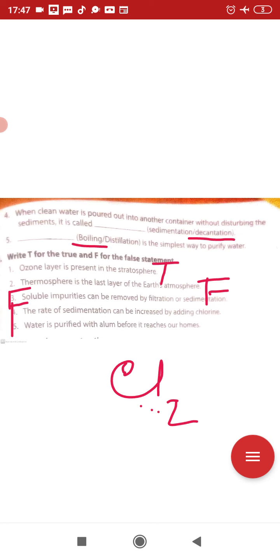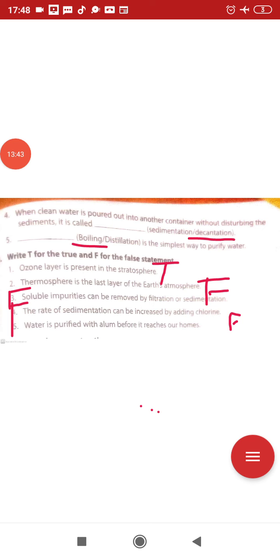If we add a small amount of alum to muddy water, then the finer muddy particles can be settled down faster, and this process is called loading. It is a kind of sedimentation. Sedimentation is done by using the effect of gravity. Gravity is important for sedimentation, decantation, and also loading. So this statement is false. Question number 4 is false. Write F.